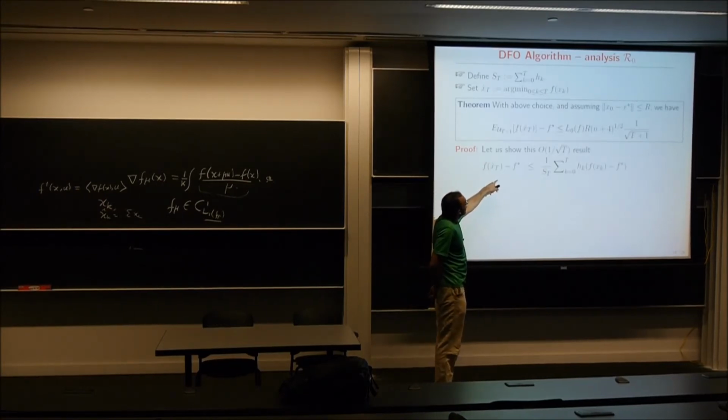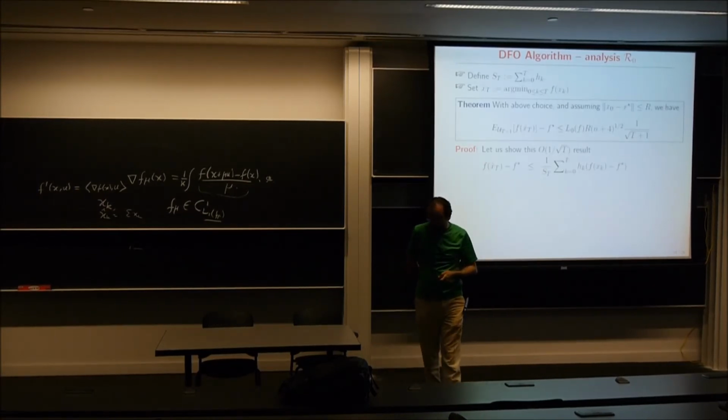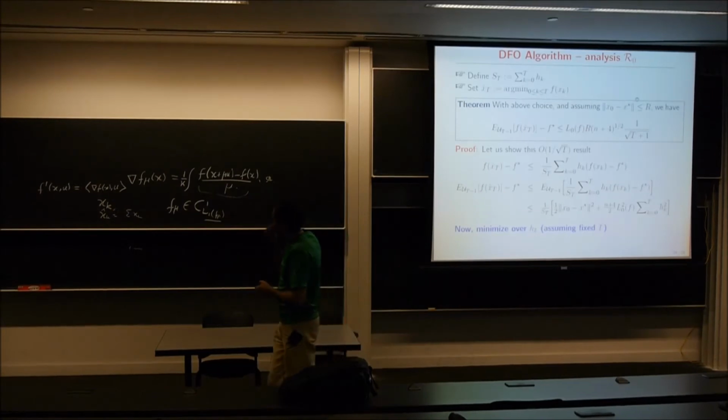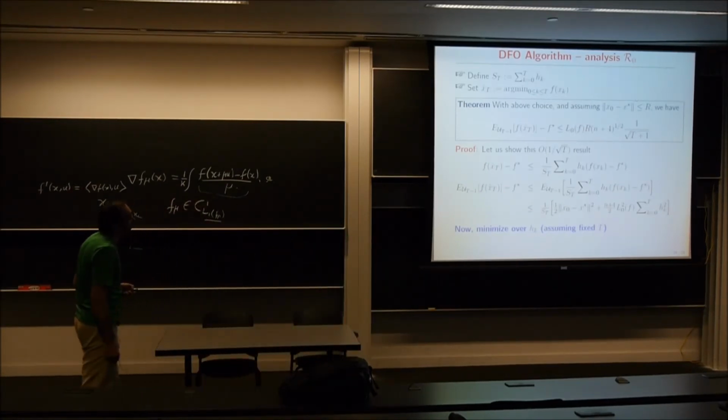So the best value is going to be upper bounded by the average value, and then you just take expectation. And the previous master inequality shown on the previous slide yields this upper bound for you. And now you can pick the best possible step size to make the right hand side as small as possible. The right hand side is just a simple convex function of h of k for a fixed t, so you can get that.